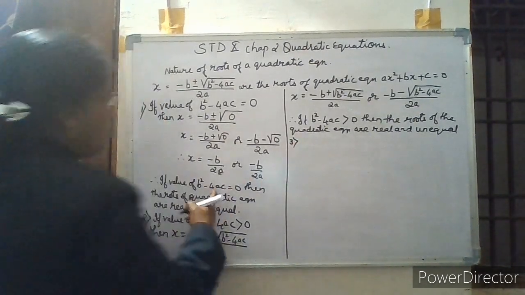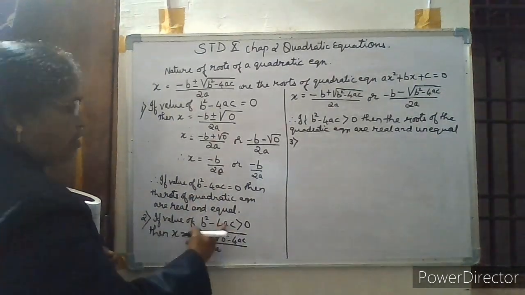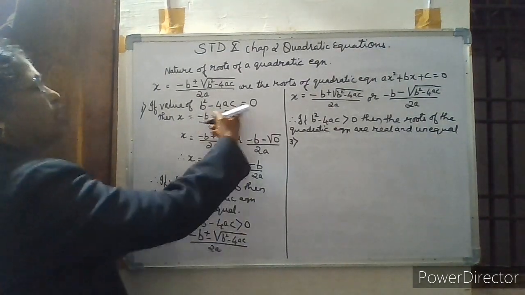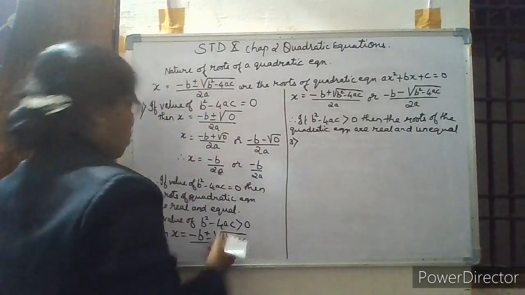We have taken here equal to 0, and then greater than 0. Now we'll take if it is less than 0.